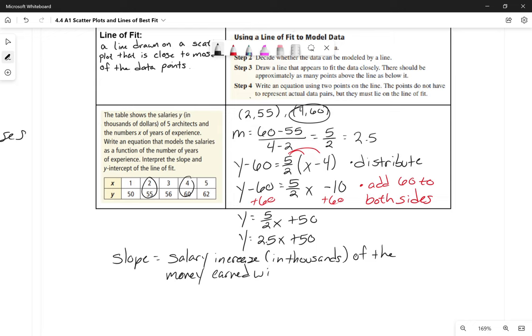So we're saying that our slope is the salary increase in thousands of the money earned with each year of experience.